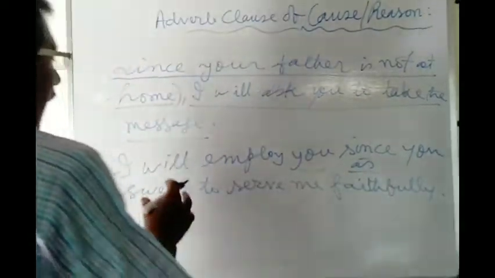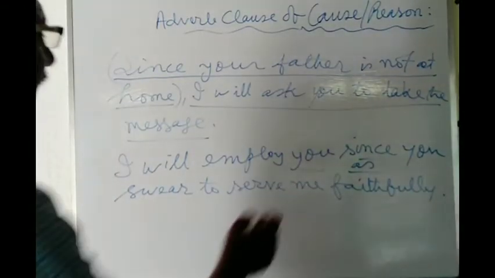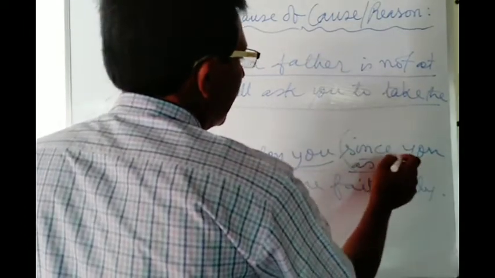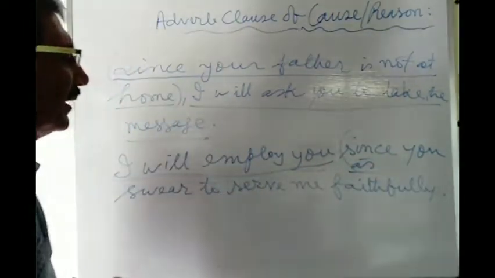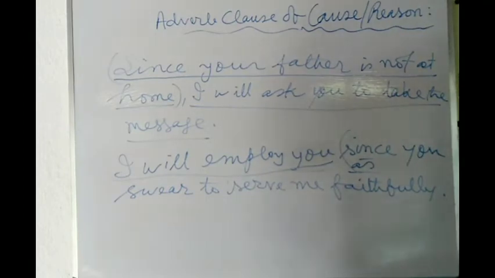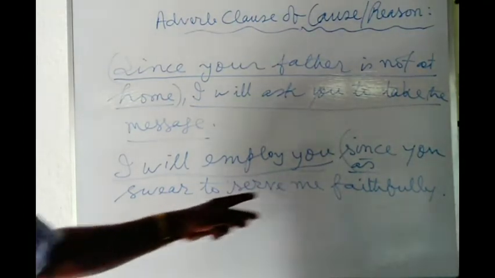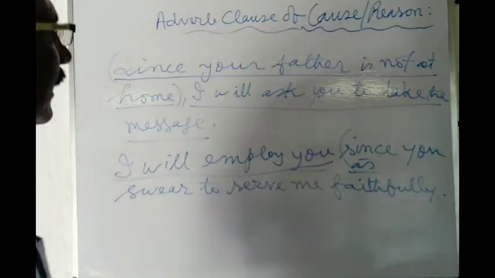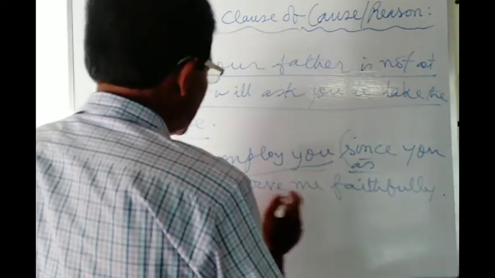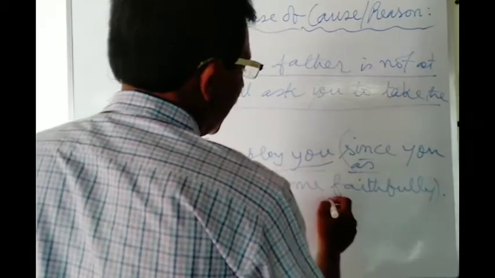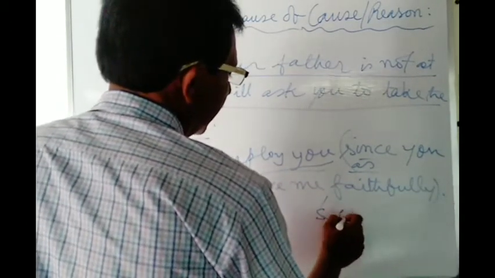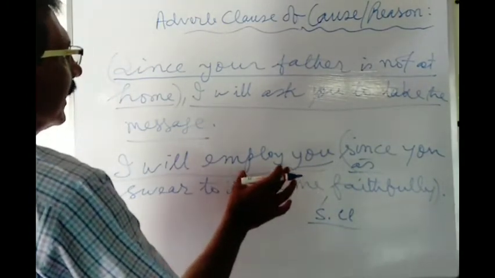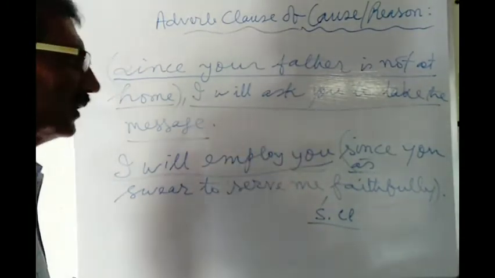You may use as or since. I will employ you, this is the principal clause. Since or as you swear to serve me faithfully, this is the subordinating clause. This subordinating clause is used in order to indicate reason or cause. Here, since you swear to serve me faithfully, this subordinating clause is used as the adverb clause of reason or cause.